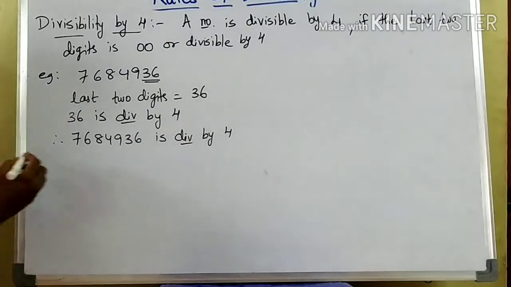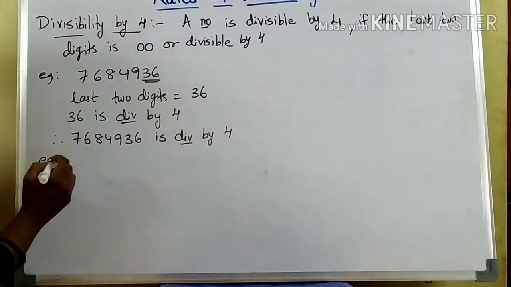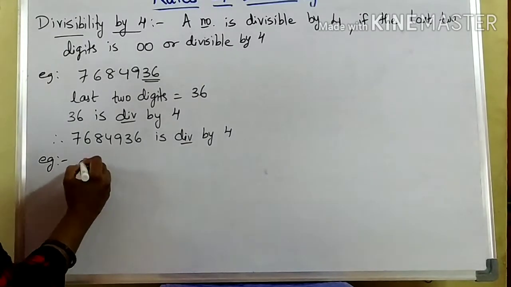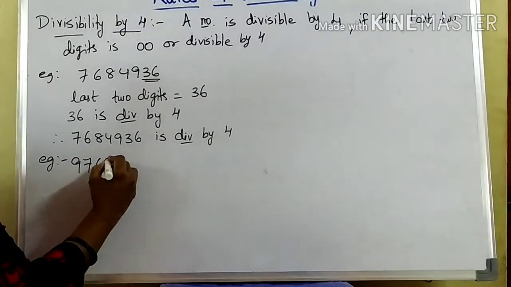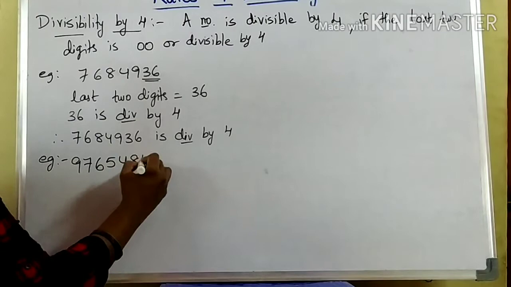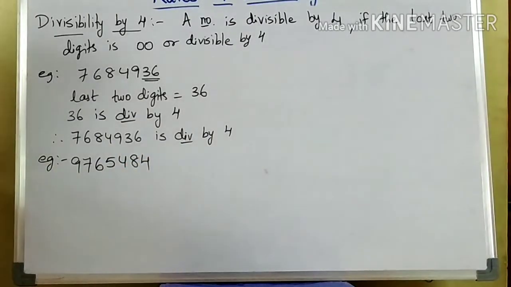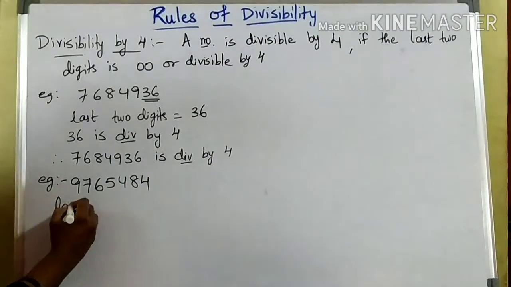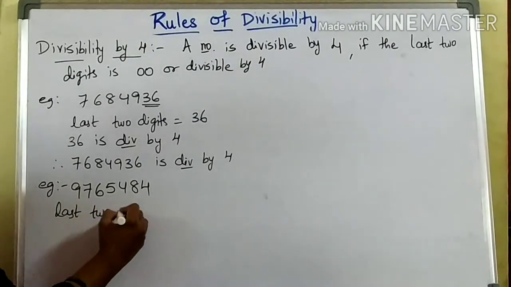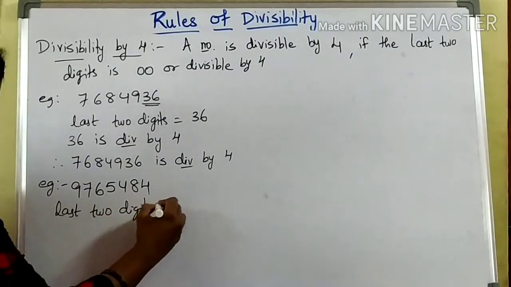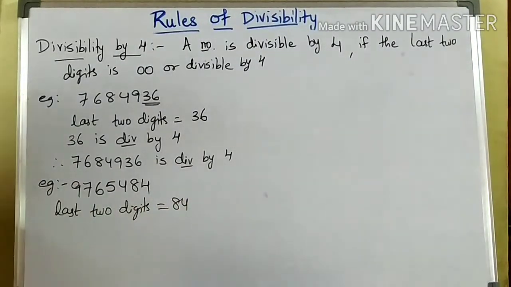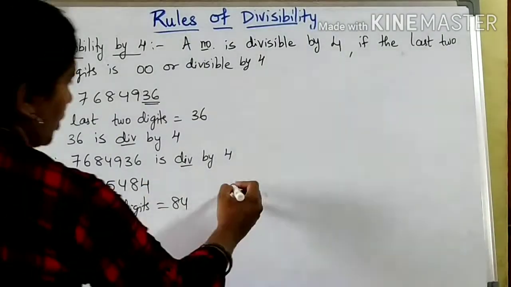Now another example. 9 7 6 5 4 8 4. Okay, and what are the last two digits here? Last two digits are nothing but 84. Now check whether 84 is divisible by 4 or not.